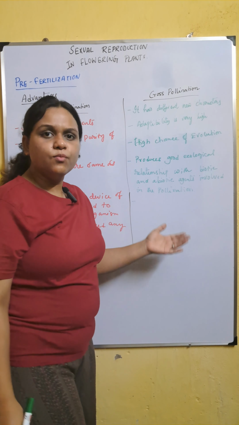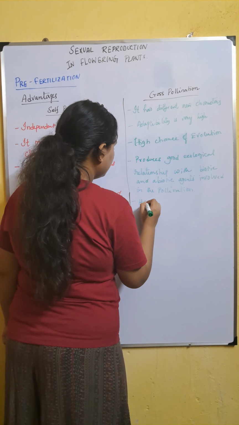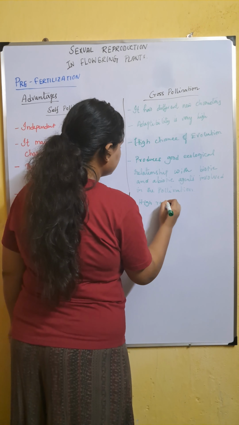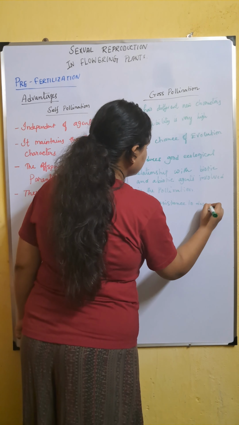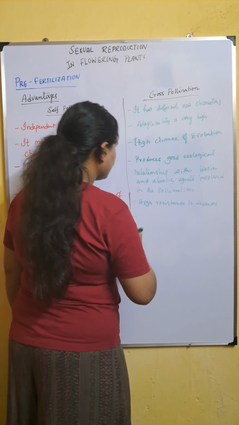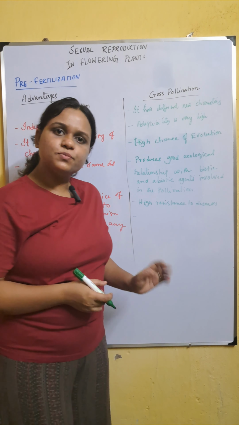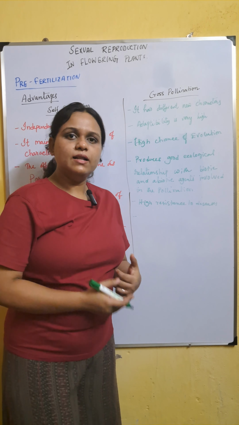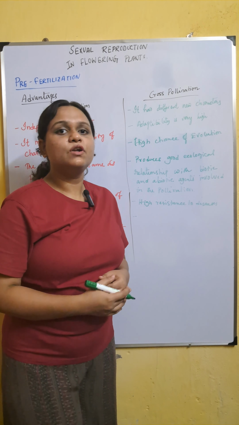They are more resistant to diseases. High resistance to diseases. The yield in case of crop plants, if cross-pollination occurs, is always high or moderate, but never low.